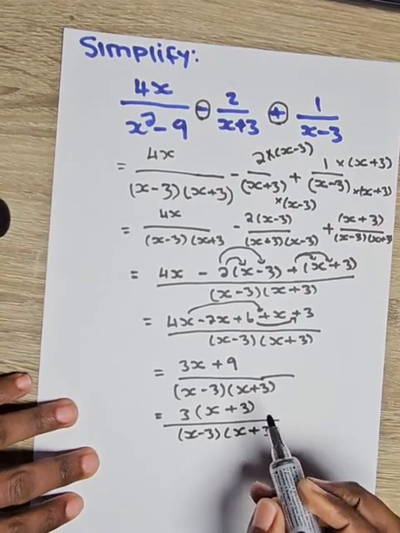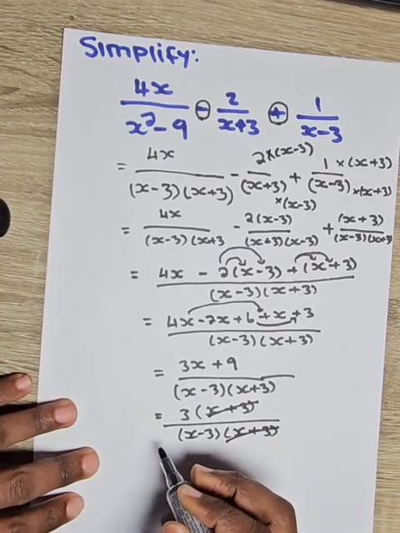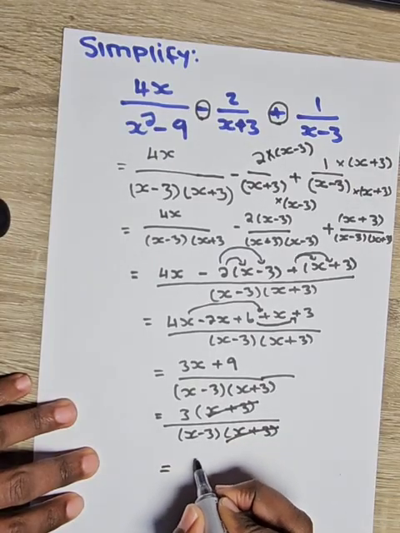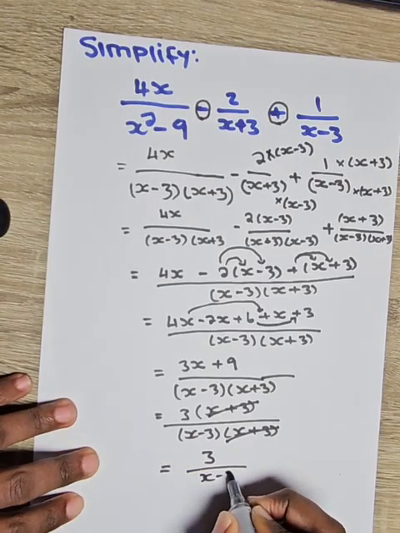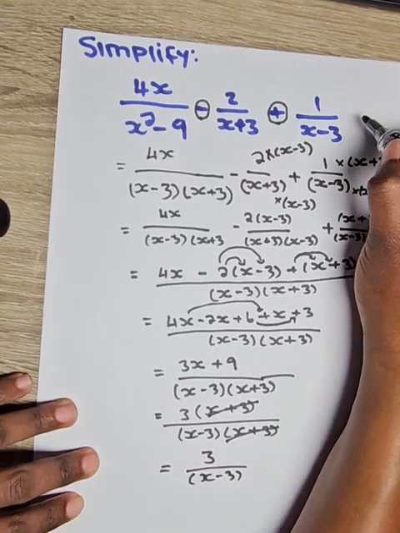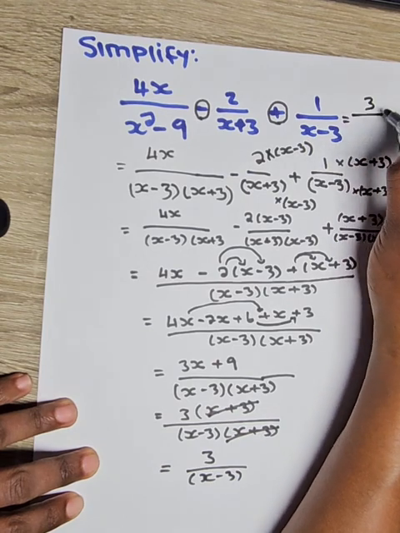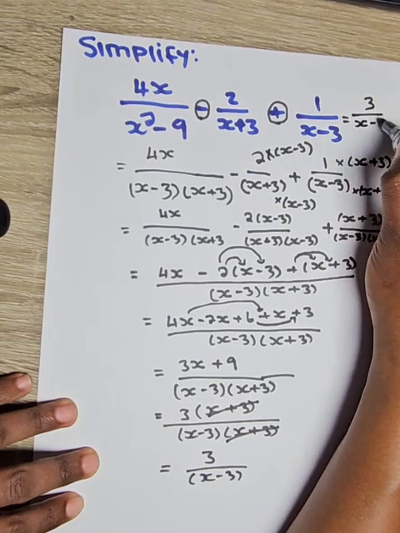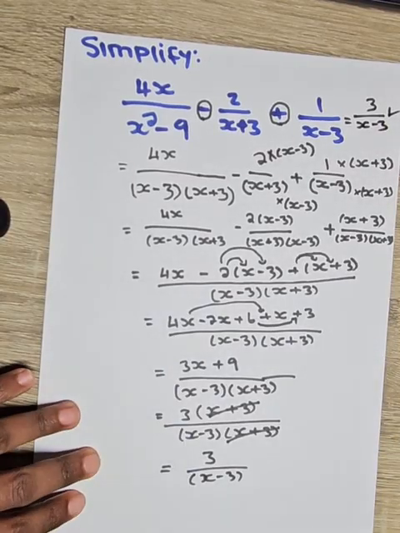Now we can cancel out x plus 3 and x plus 3, and this simplifies to 3 over x minus 3. Therefore, your final answer is 3 over x minus 3. Then you are done. Thank you.